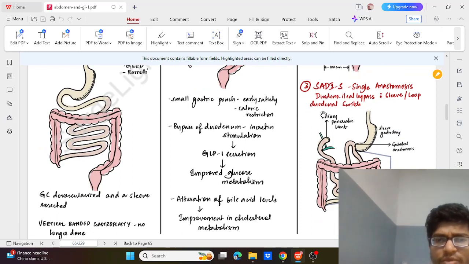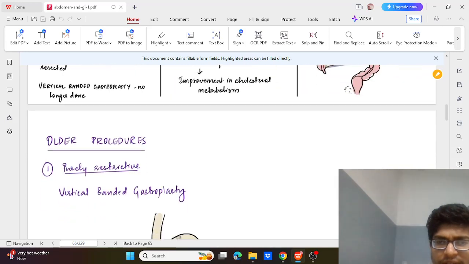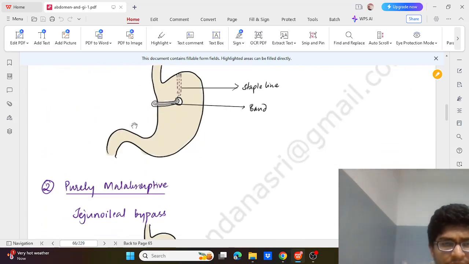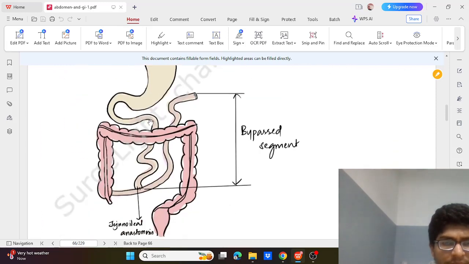Then single anastomosis duodenal ileal bypass with sleeve or loop duodenal switch, also known as SADIS, is rarely done nowadays. Then some older procedures: vertical banded gastroplasty, which was purely restrictive, and jejunal bypass, which was purely malabsorptive.